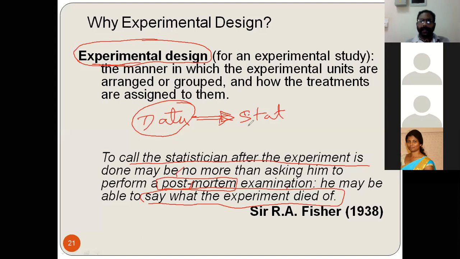The statistician will tell you what mistakes you have made: you could have collected the data in a proper way, this way, that way. So he may say why this experiment failed. That's all the statistician can say.